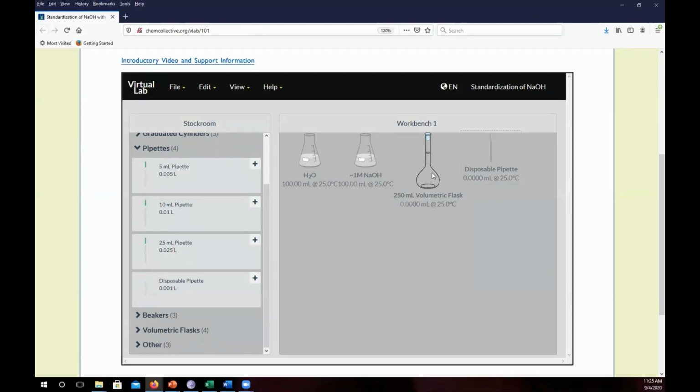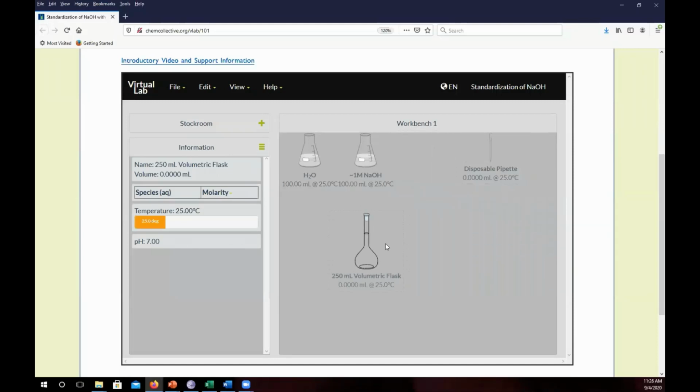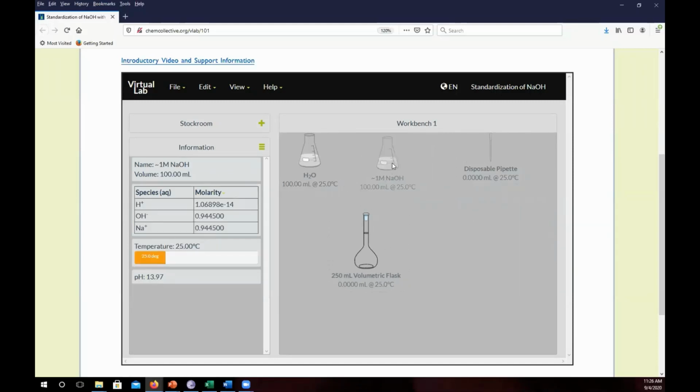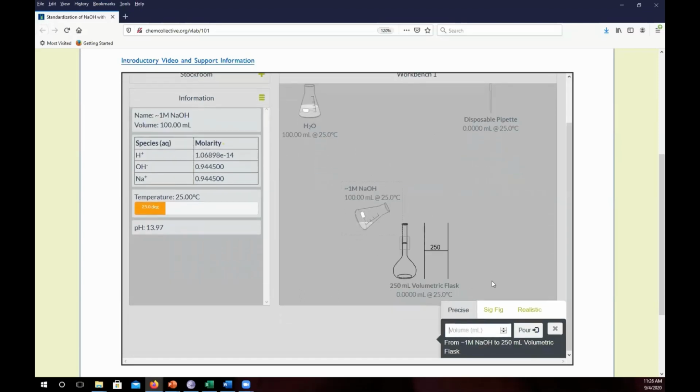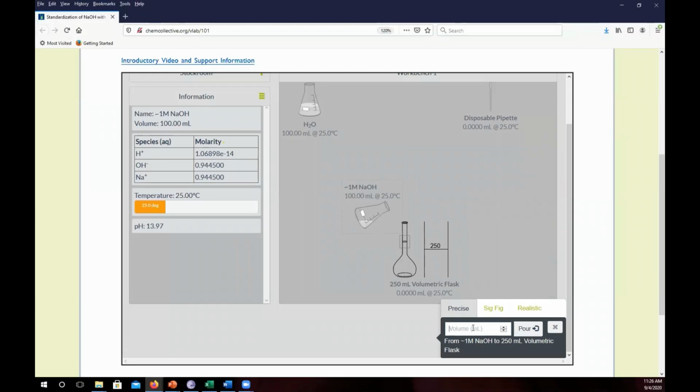You are choosing between a concentration of 0.3, 0.4, 0.6, and 0.7 molar. I'll be showing you the preparation of a 0.5 molar solution. You can drag the 1 molar solution to the volumetric flask and add the desired amount.